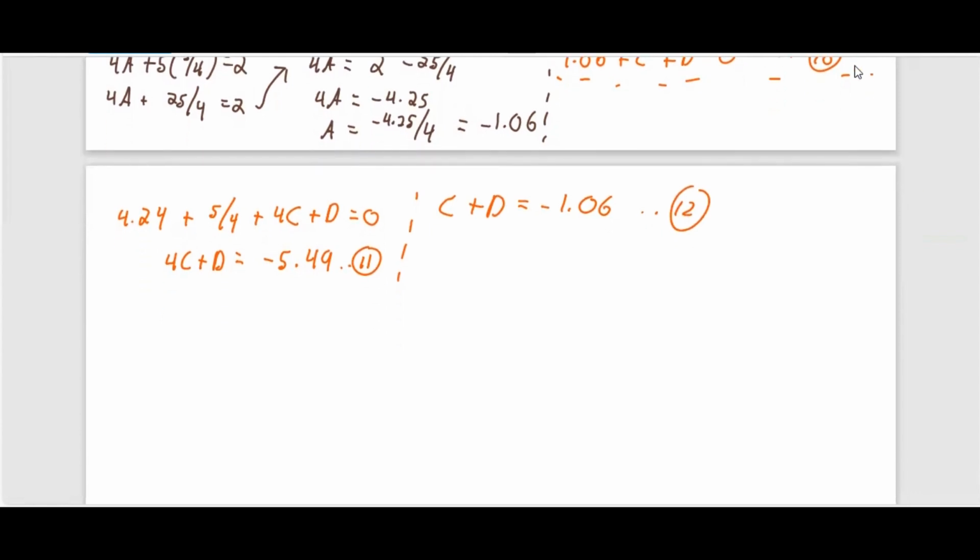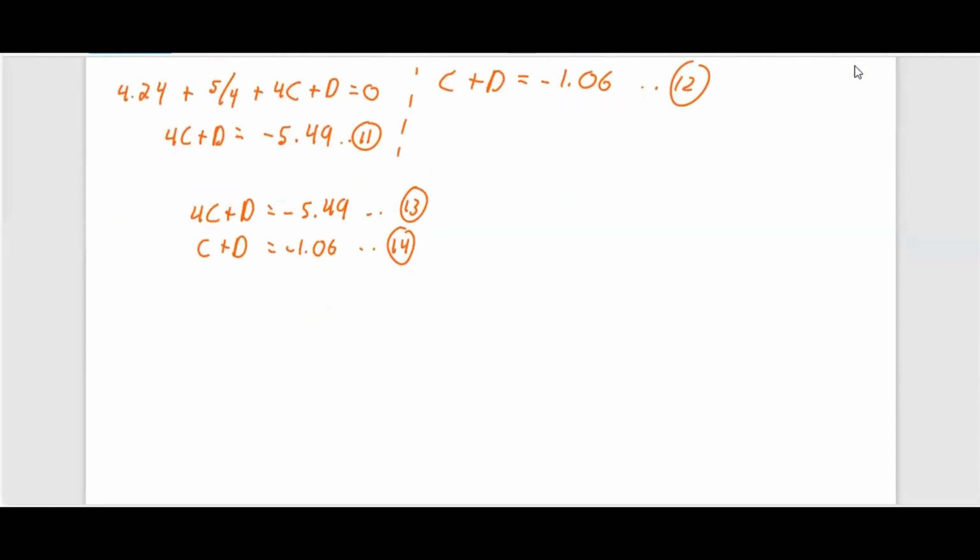If you write one on top of the other, you'll have 4C plus D is minus 5.49, and then the other one, C plus D is equal to minus 1.06. So now we can solve them simultaneously.